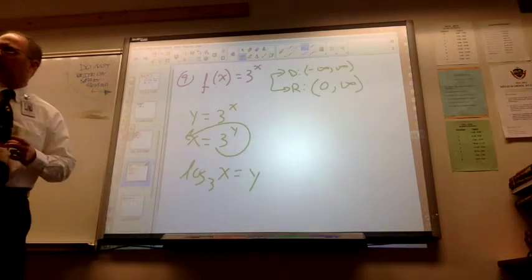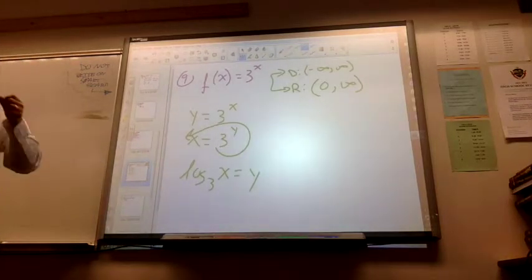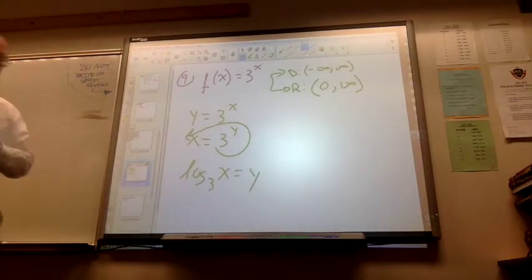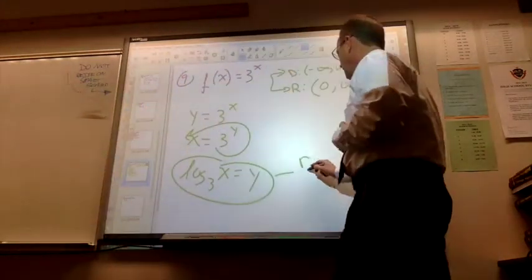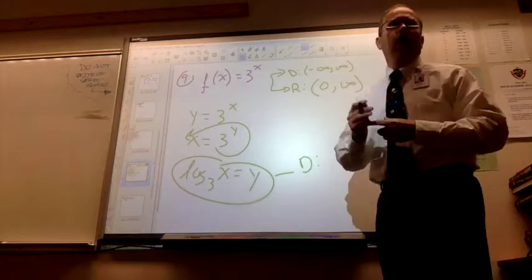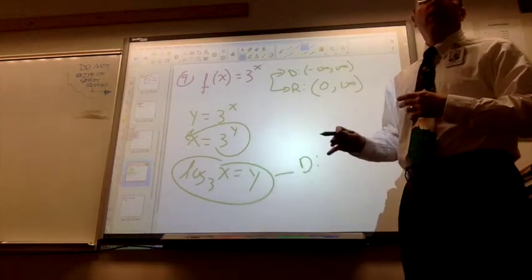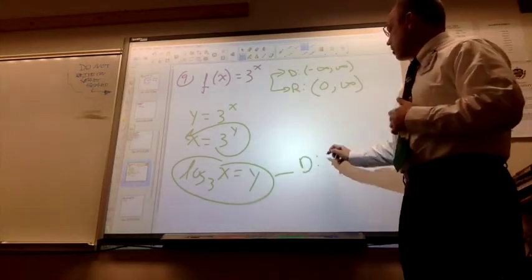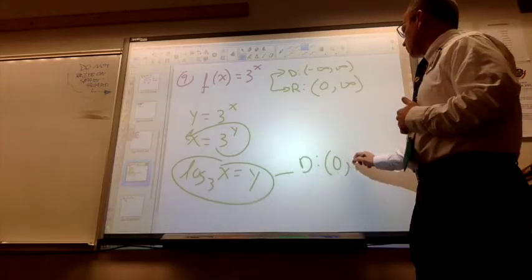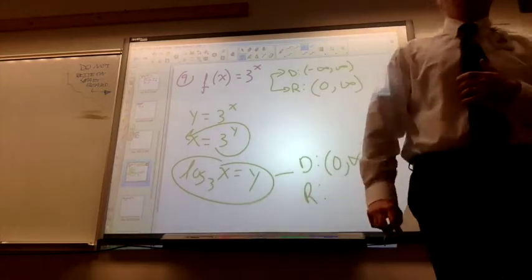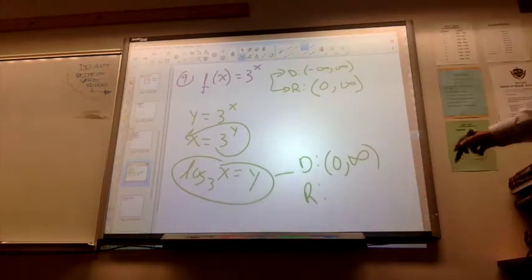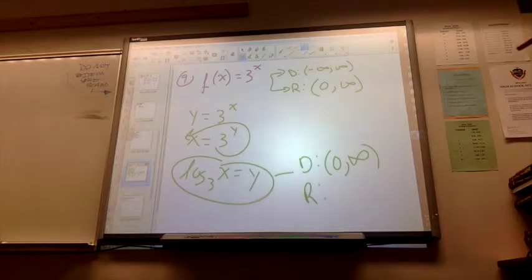Log can't be 0. Log can't be negative. So this is my inverse here. The domain of this being that a log of whatever can't be negative, log can't be 0. My domain has to go from 0 to infinity. But then my range, think about my range. I have to plug numbers bigger than 0 in.